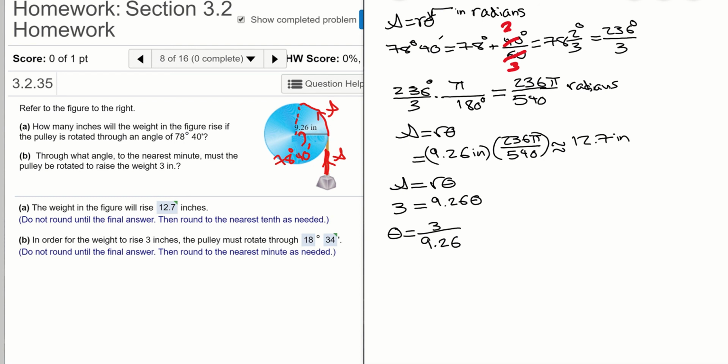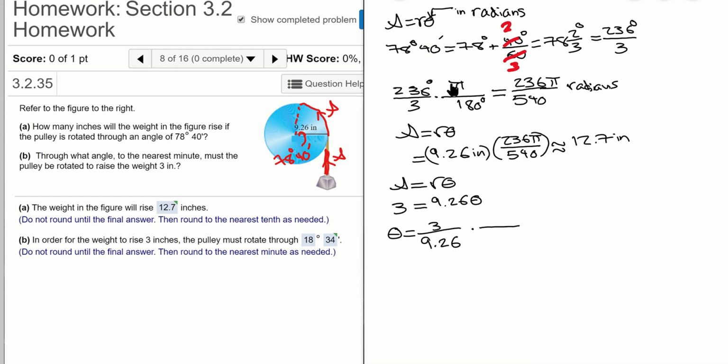And if you notice, they want the answer to the nearest minute. So that means not only are we going to convert it to degrees, but in fact, we're going to convert it to degrees and minutes. To do that, as you know, we have to do the opposite of what we did over here.